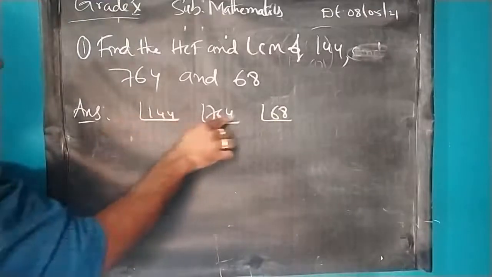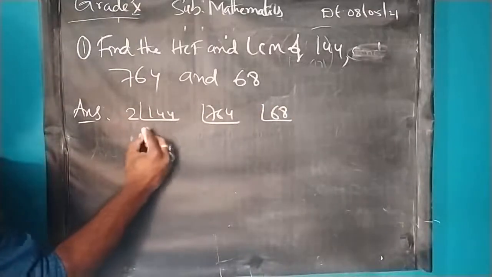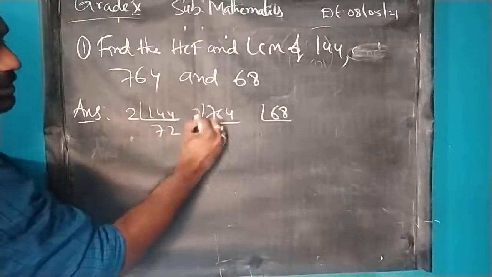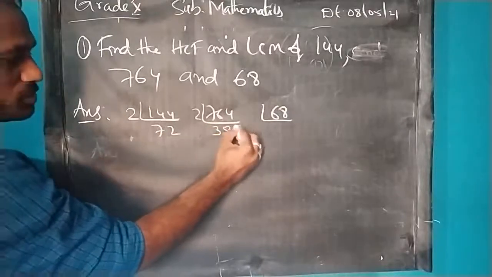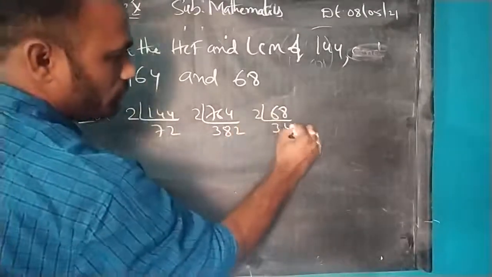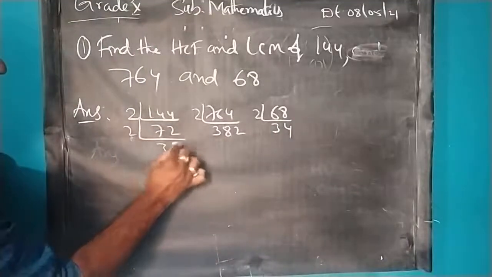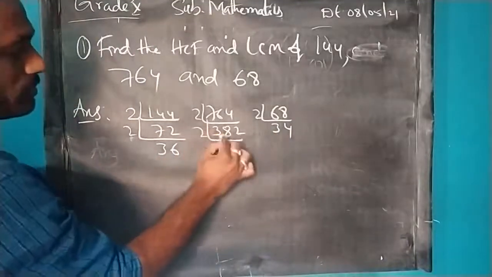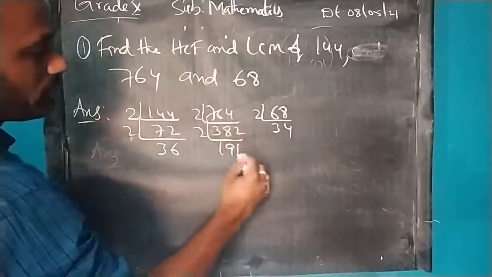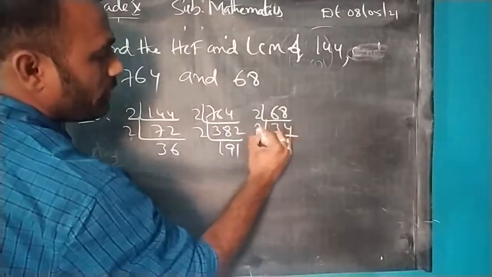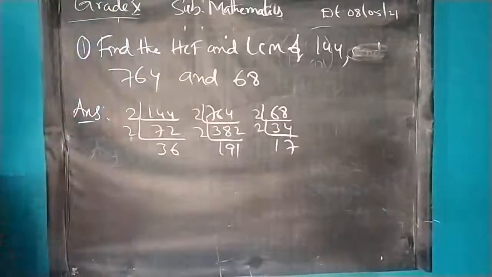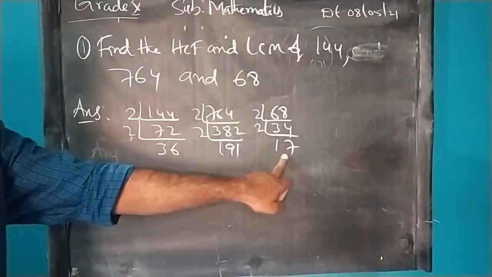So obviously these are multiples of 2. We can take the first prime number 2. 2 7s are 14, 2 twos are 4. Here 2 3s are 6, 2 8s, 2 twos, 2 3s, 2 4s. Next we can take another 2 table, 2 9s are 18, 2 191s, and we can take here 2 17s. Now 17 is the prime number here, we can stop here.